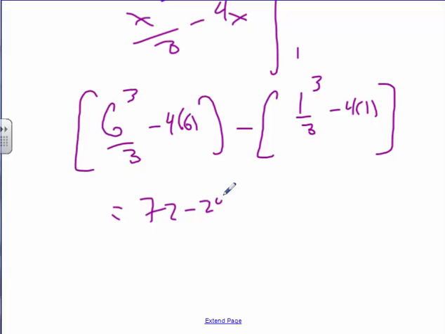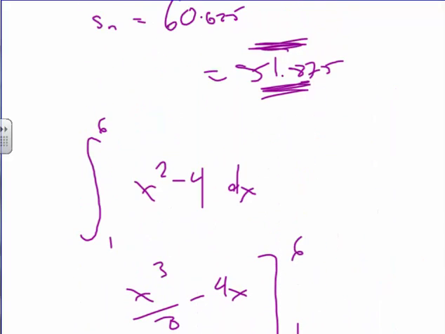That'll be minus 24. There'll be a plus 4 right there, and then you'll have to subtract a third. Right, minus 24, double subtract means add, minus a third. All right, so let's put that all together. 72 minus 24 minus a third plus 4 gives me, using calculus, 51.6 repeating.